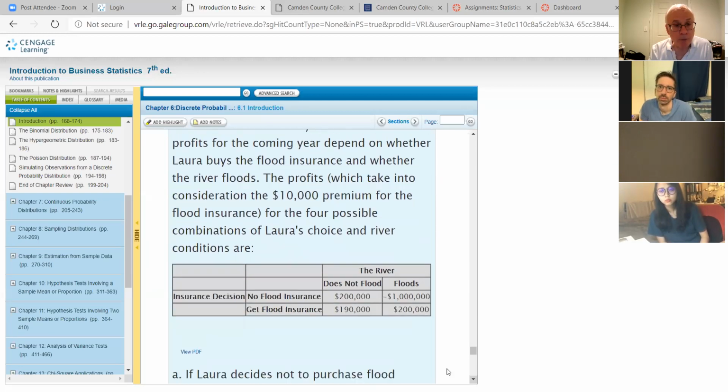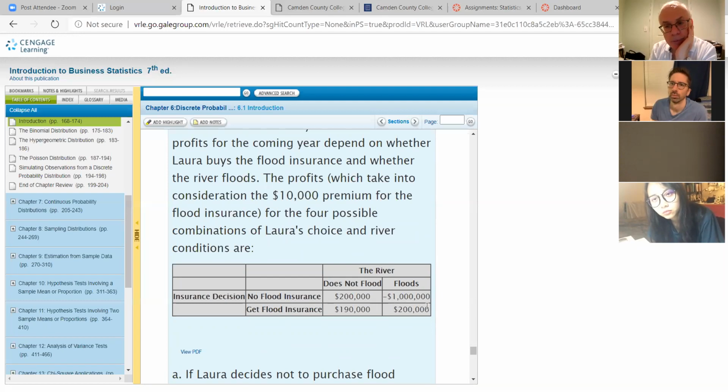So let's take a look at this. Here's a little table they give you. What's the table giving you? It's giving you the profits based on the conditions of 2 things: whether you get flood insurance or not, and whether the river floods or does not. Look at the table. It says if you have no flood insurance and the river floods, you may lose $1 million.